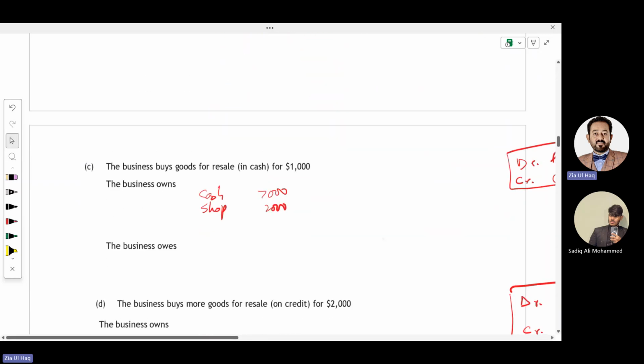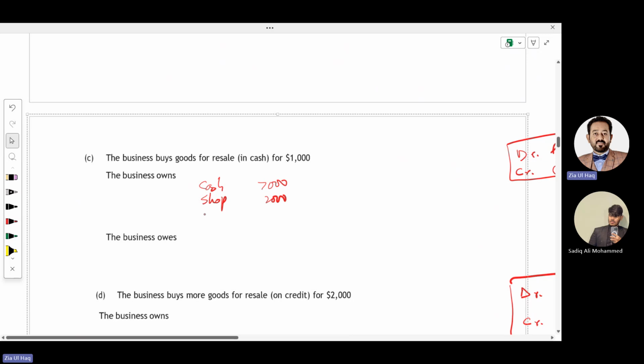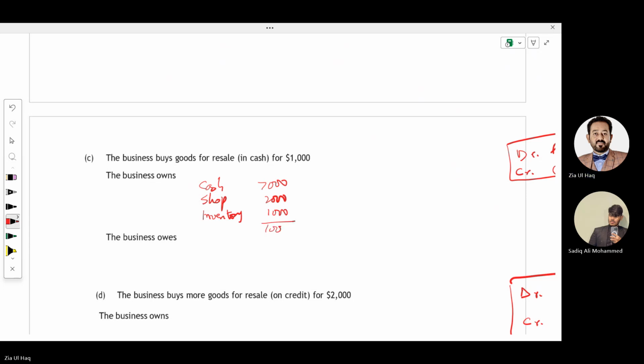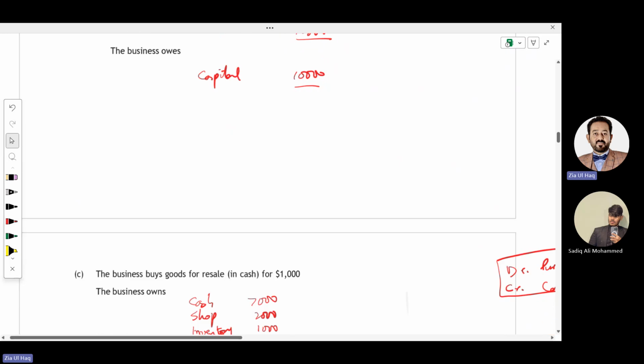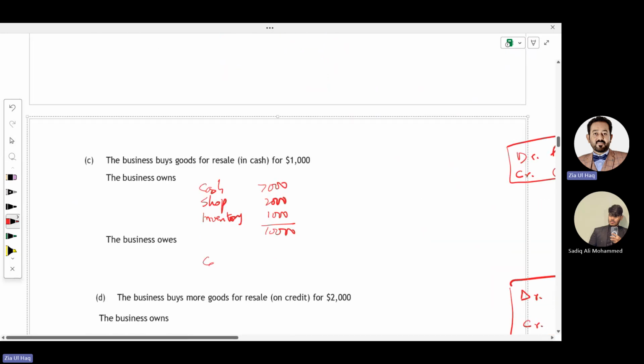And now the business bought goods, which will be called inventory, for 1,000. So the business owns 10,000, and capital will remain the same at 10,000. So own and owe are equal.